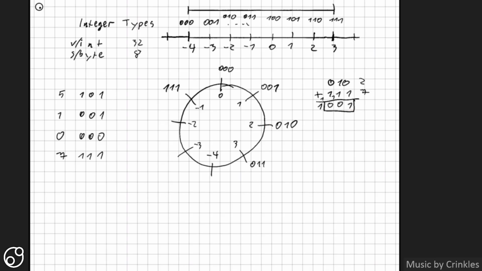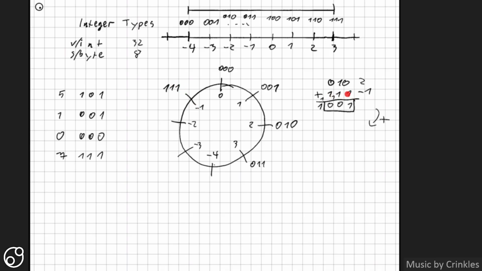Which, if you keep in mind, clockwise is plus. If we start here and add 7, that means 1, 2, 3, 4, 5, 6, 7. We make one trip around the circle and end up here at 1, which is the same as adding -1, if we look at it this way.